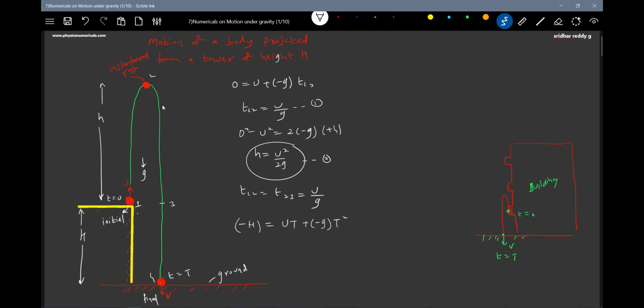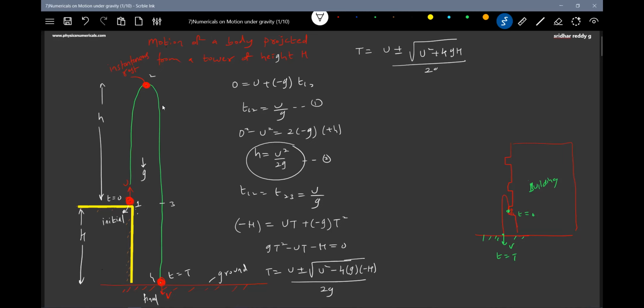Okay, there's a quadratic equation: g t squared minus u t minus h equal to 0. So then t is equal to u plus or minus the square root of u squared minus 4 times g times minus h, divided by 2g. This will be the time of flight.